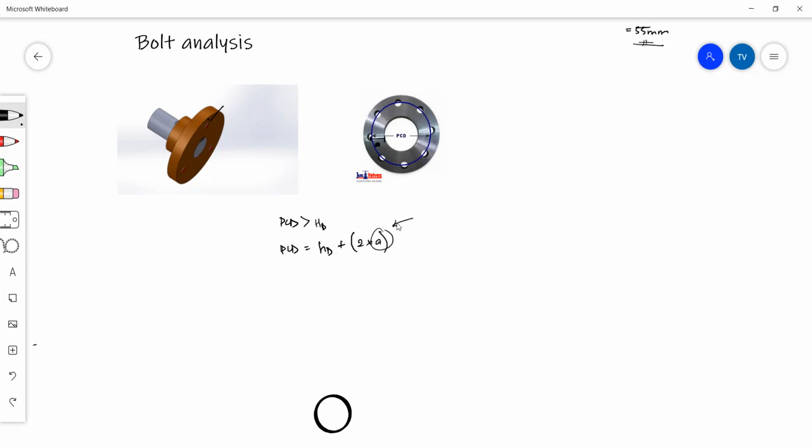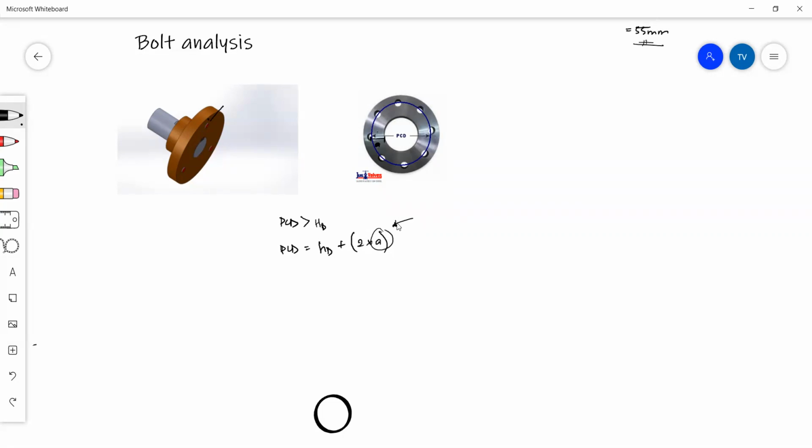You have to be logical about this and decide what distance makes sense. Remember that distance is to make sure that you can actually access the bolts using a wrench, a spanner. You have to be able to get in there and tighten and loosen the bolts. So you have to come up with some realistic distance that we have to leave in order for our fitter to be able to tighten and loosen the bolts on this coupling.